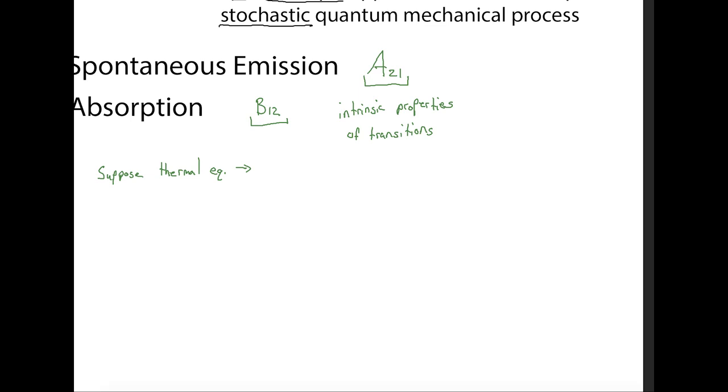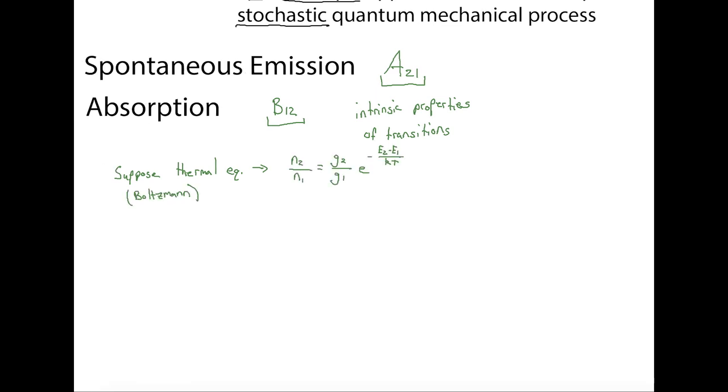Well, we know in thermal equilibrium that the ratio of the excited state to the de-excited state in an atom is given by Boltzmann statistics, which says that the number density in the excited state over the number density in the ground state is equal to the degeneracies of those states, how many microscopic states correspond to a macroscopic energy state, times e to the minus (E2 minus E1), so that's the energy difference between the states, over kT.